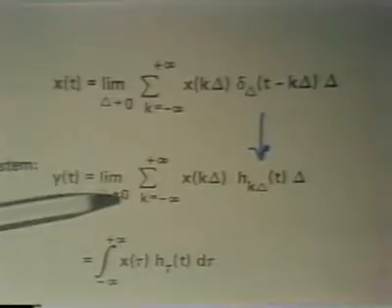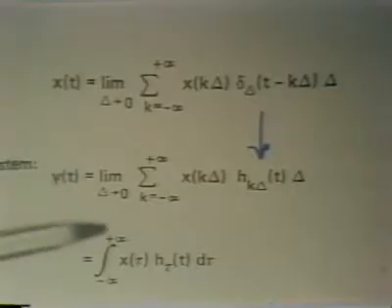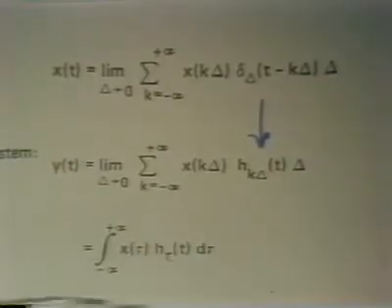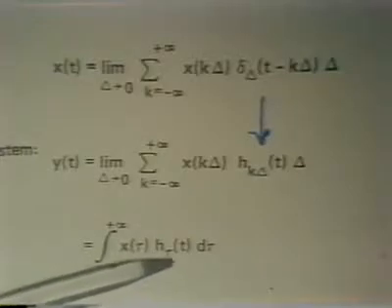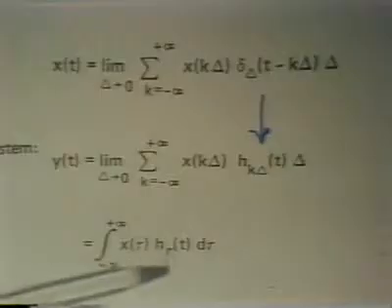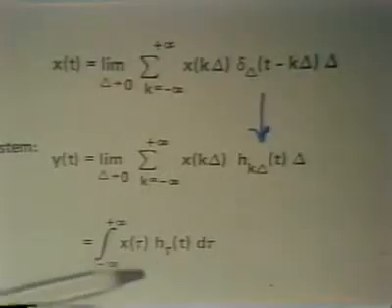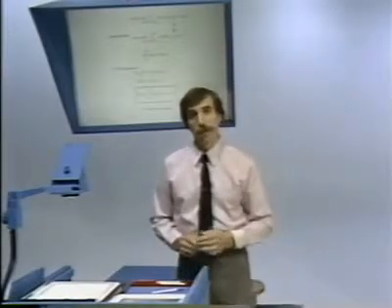Again taking the limit as delta goes to 0, by definition, this corresponds to an integral, and it's the integral that I indicate here, with h sub tau of t corresponding to the impulse response due to an impulse occurring at time tau.